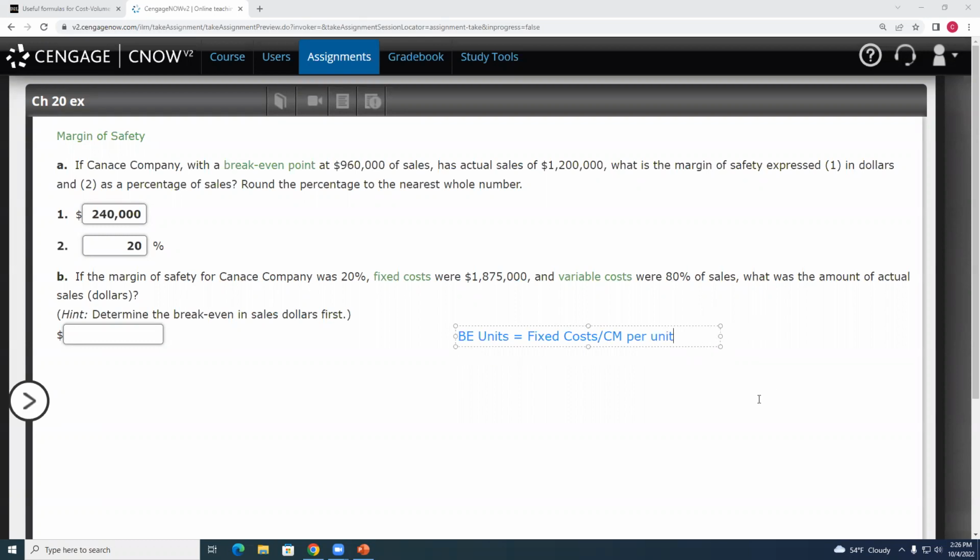If you don't intuitively see what to do, we just start with what we do know and see if that helps us get toward what we don't know. So their break-even units is what we're trying to find. We are told that their fixed costs are $1,875,000. And their variable costs were 80% of sales.